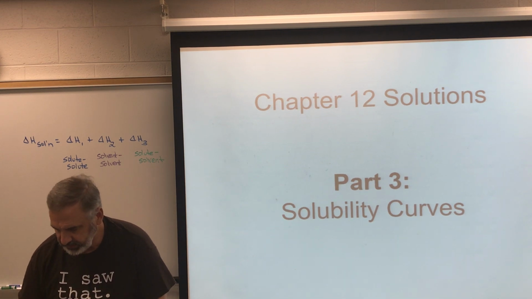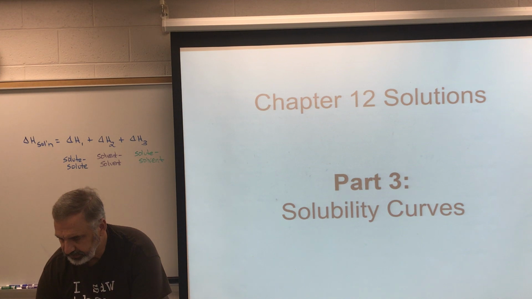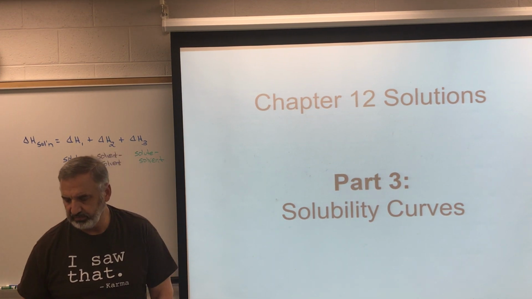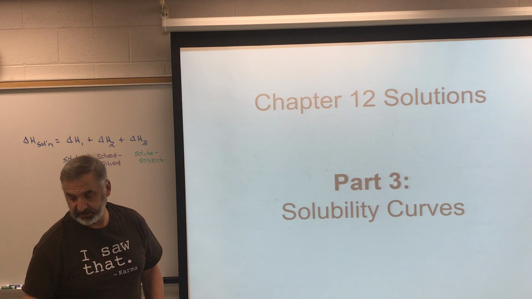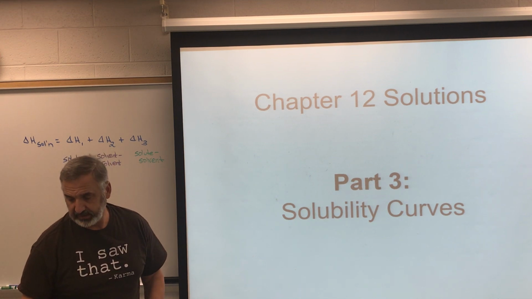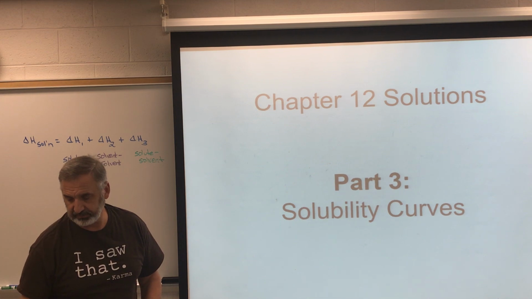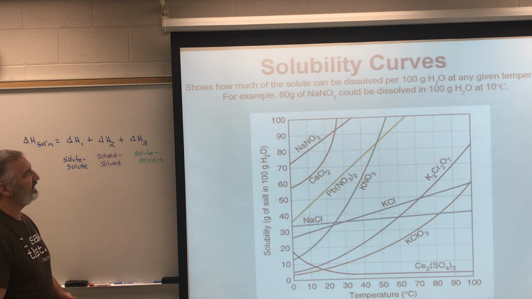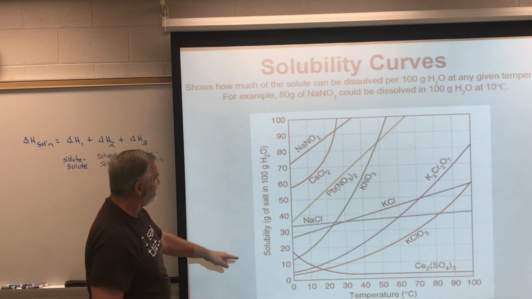All right, so when we look at solubility curves, I'm just trying to get us all together on the same thing, okay? If I look at this curve right here, the y-axis shows the solubility.